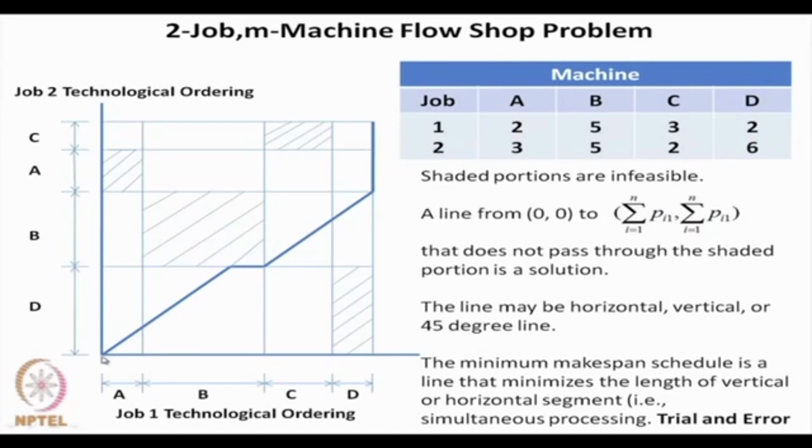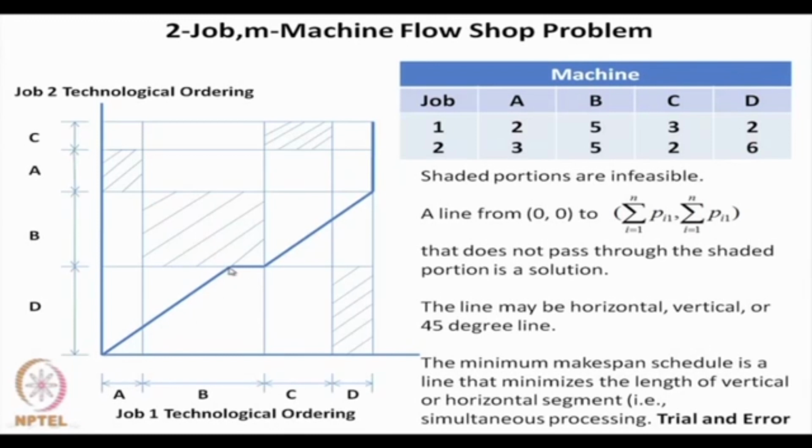So, what should we do? We should go on the diagonal as much as possible, then travel in the horizontal or the vertical manner, and that would be the shortest distance to go from this point to the diagonally opposite point. Now, what is the meaning of this?